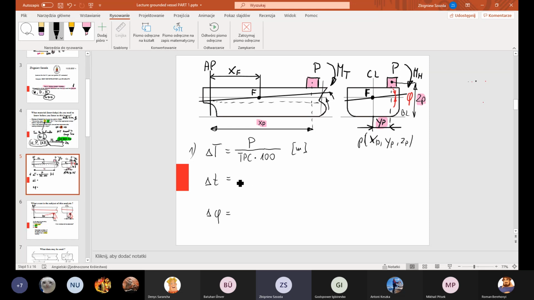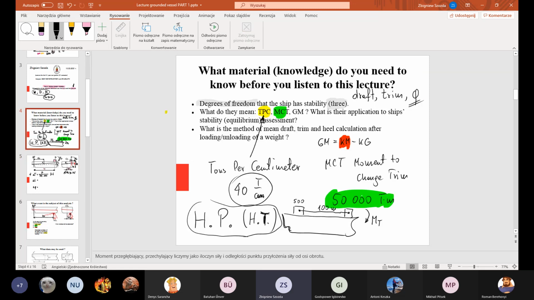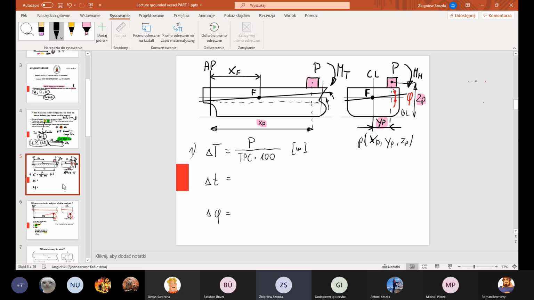I open the discussion. Who is the bravest one? Or in the meantime, who read the notes and found out the formula? Maybe if I come back to the previous slide, and if we defined moment to change trim, that is given in the hydrostatic table, this is the number which is known in ship operation.